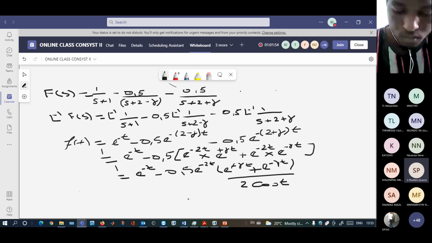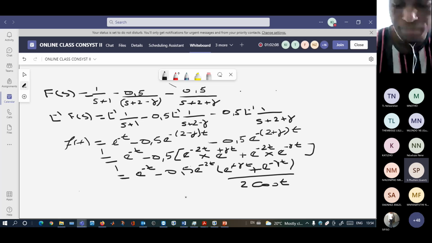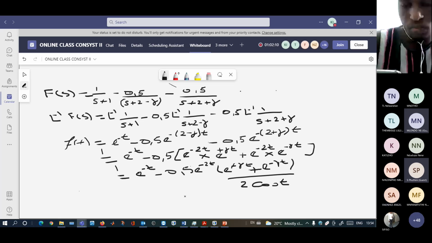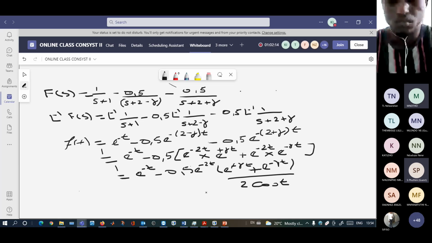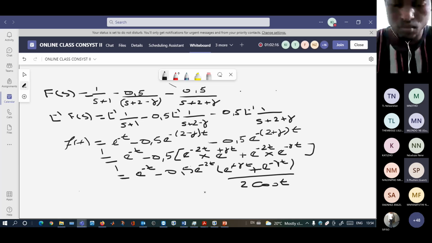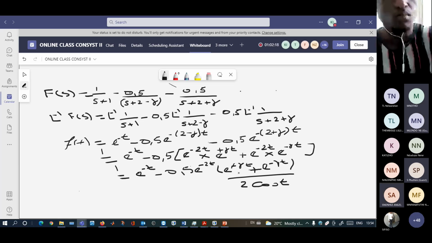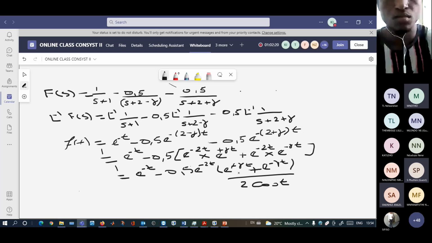Is it? Are we together? No, where did the cos come from? Inside the brackets we have a plus, and the other is minus 2. We are not together. Why inside the brackets do we have a plus?